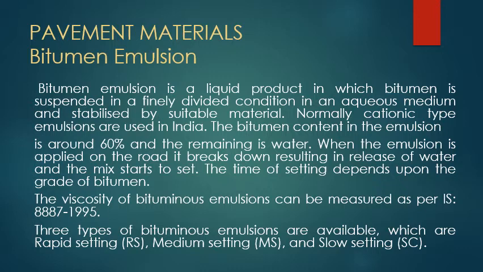Depending on the applications where you want to use them, and the purpose for which you are using these emulsions, these grades of bitumens are selected. Most of the time the percentage of water is the same.